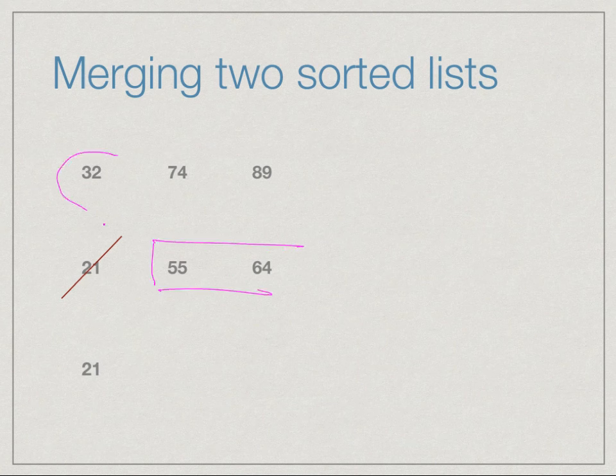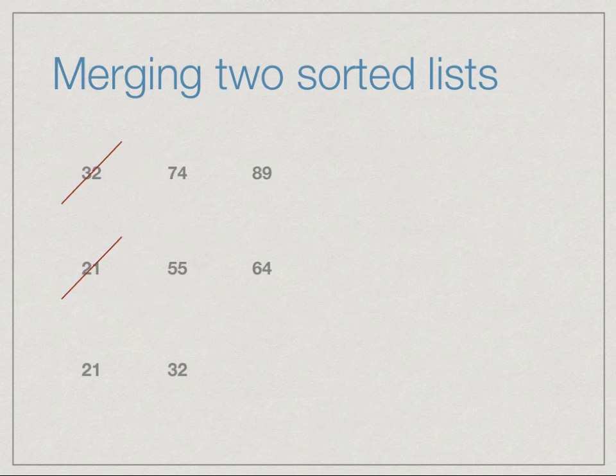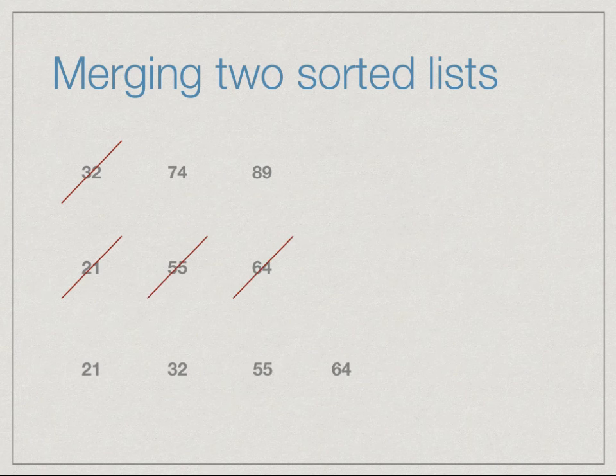At the next step, we will examine the first element in the first list and the second element in the second list because that's what's left. Among these two, 32 is smaller, so we will move 32. Now 55 is the smaller of the two at the head. Now 64 is the smaller of the two at the head. Notice we have reached a situation where the second list is empty. Since the second list is empty, we can just copy the first list as it is without having to compare anything, because those are all the remaining elements that need to be merged.